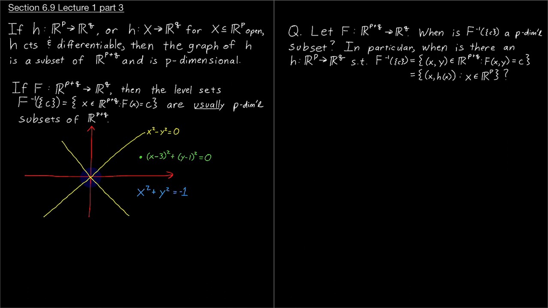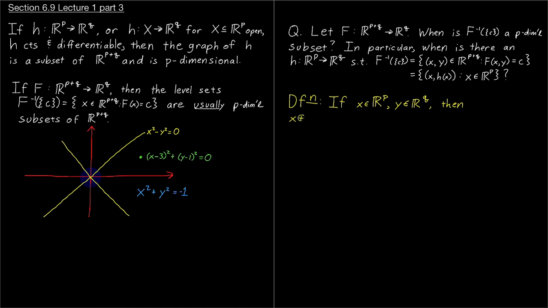Now, to answer this, we're going to need some notation. So we're talking about functions from R^(p+q) into R^q. So we're sort of breaking this up into the first p coordinates and the last q coordinates. So here's how we're going to write this. If x is in R^p and y is in R^q, then there's two ways of writing this.